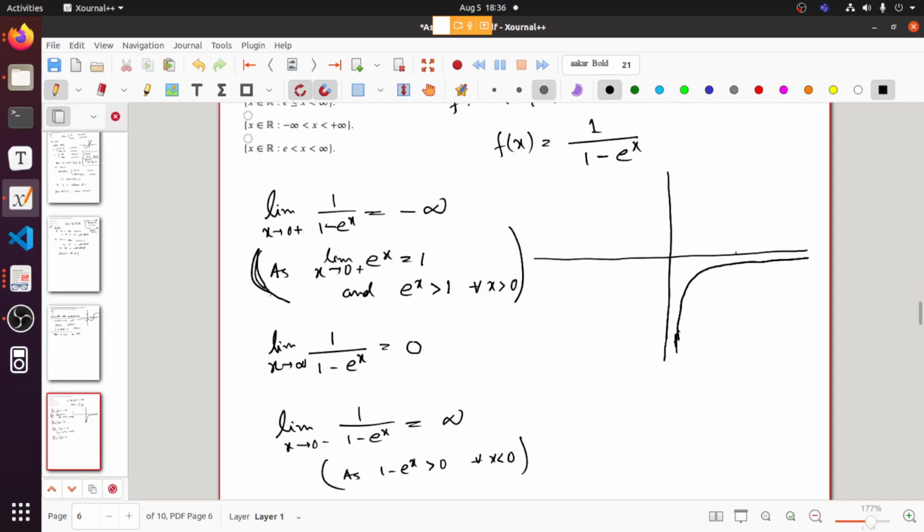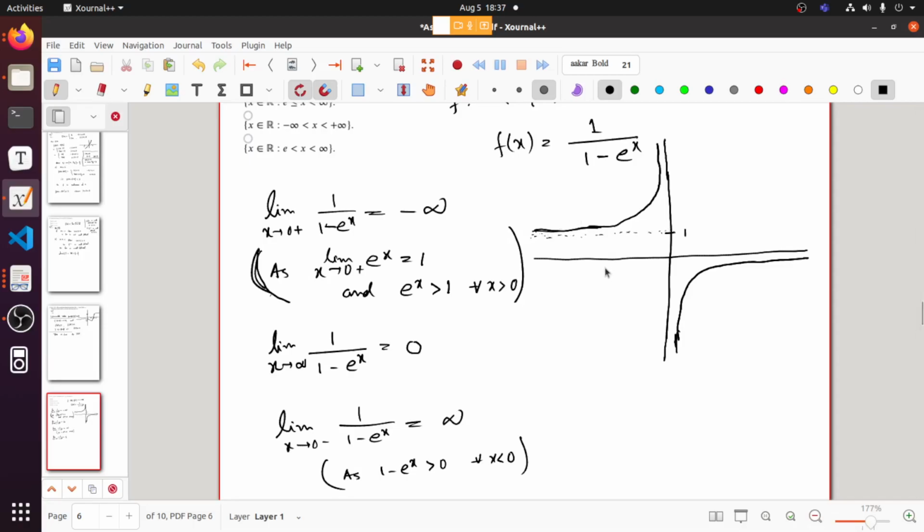So how will the function look? Suppose this is 1, then it will look like this, right? And here it will approach 1 asymptotically, it will never touch 1.